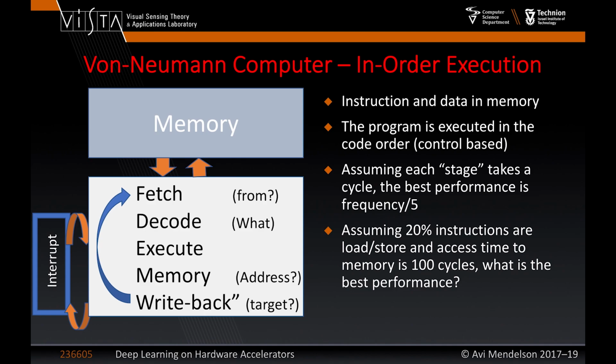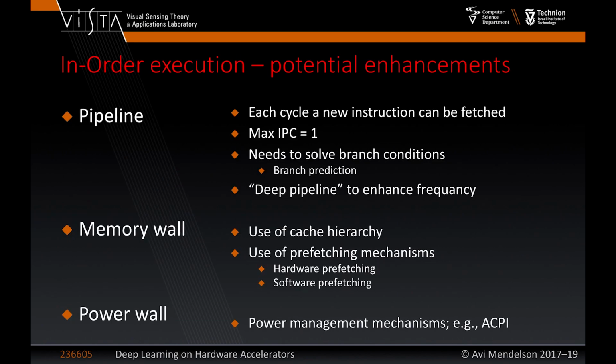So is there any other alternative to the von Neumann? Apparently, yes. Oh, sorry. This is the problem that I cannot see the next slide. Okay. So what we can do in order to achieve more performance is actually a pipeline.